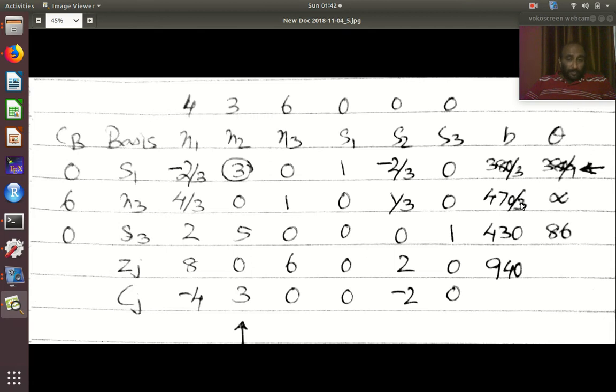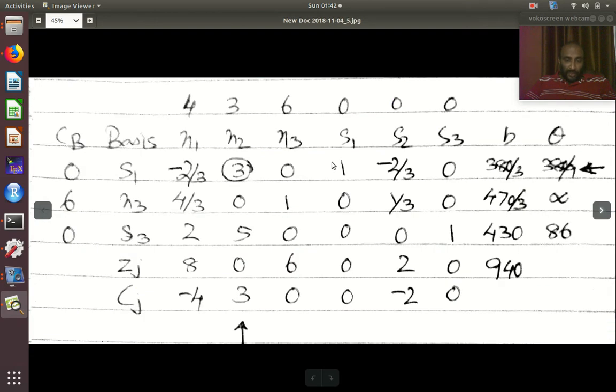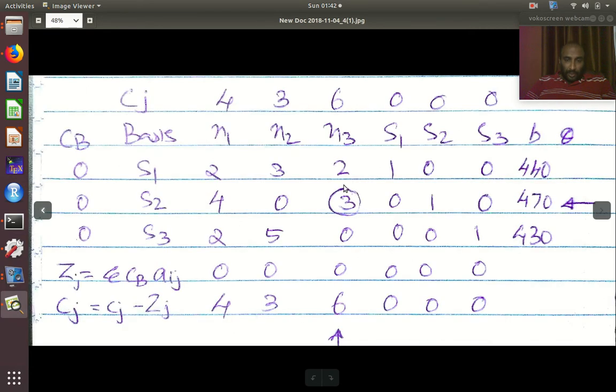And then you have to make this 0. It was earlier 2, so this 2 has to be made 0. You can do row operations. This was 2 here, so by doing the row operations, this 2 minus this row into 2 by 3 will give you the value.